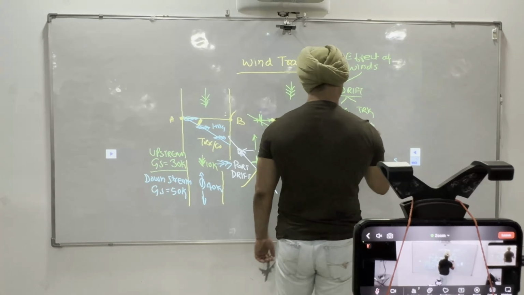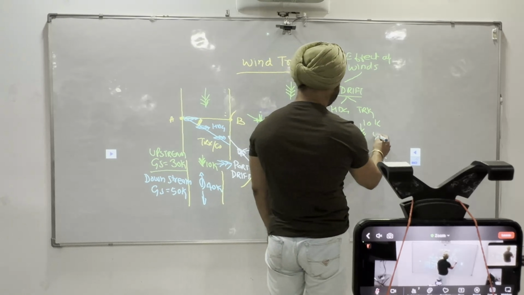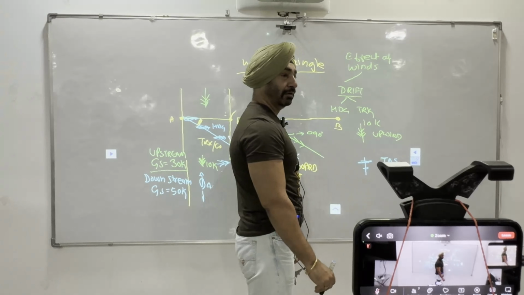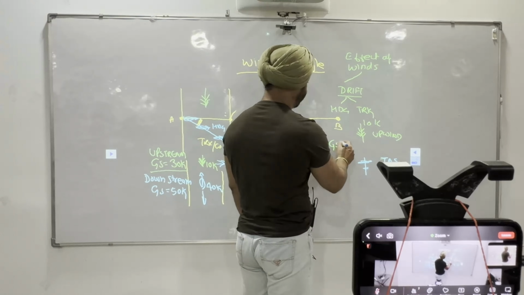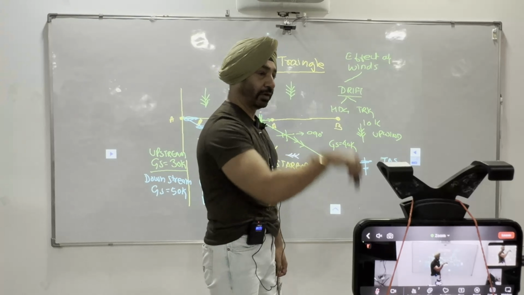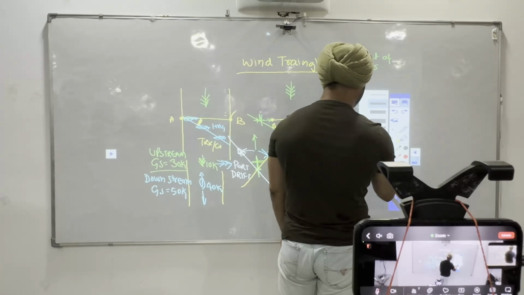Sailors call it what? Upstream. Again, we have borrowed this term. We call it upwind. So if you go upwind, what will be your resultant ground speed? Excellent, 40 knots.